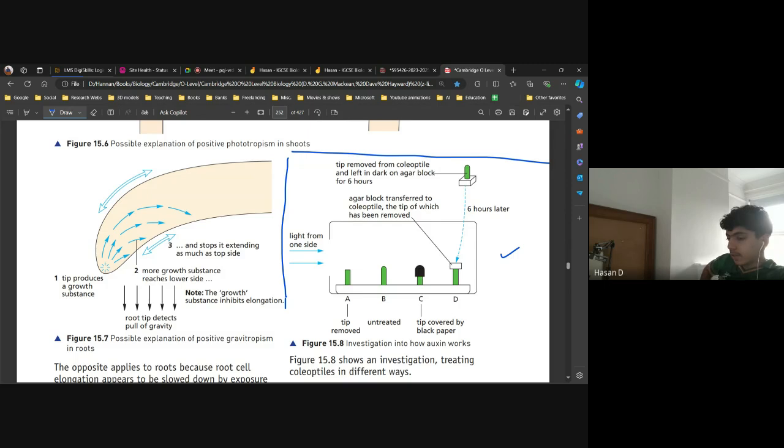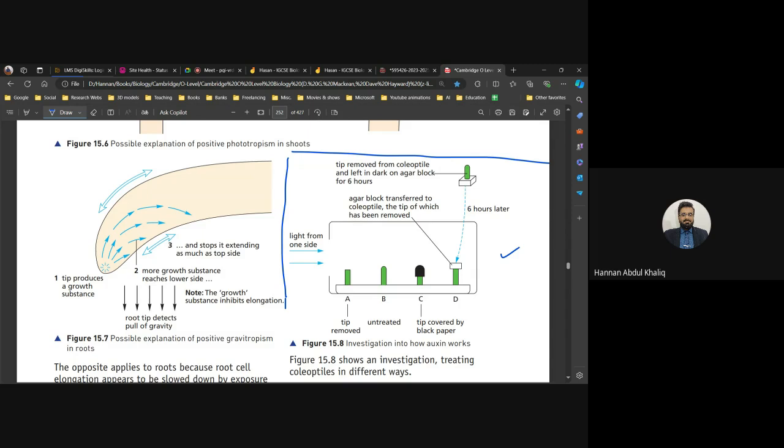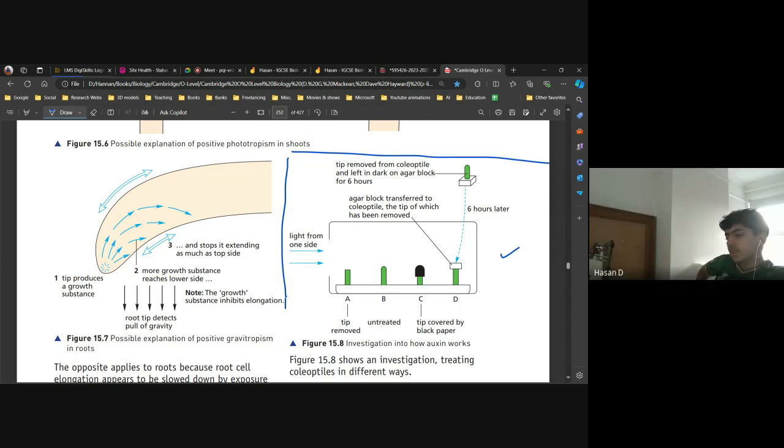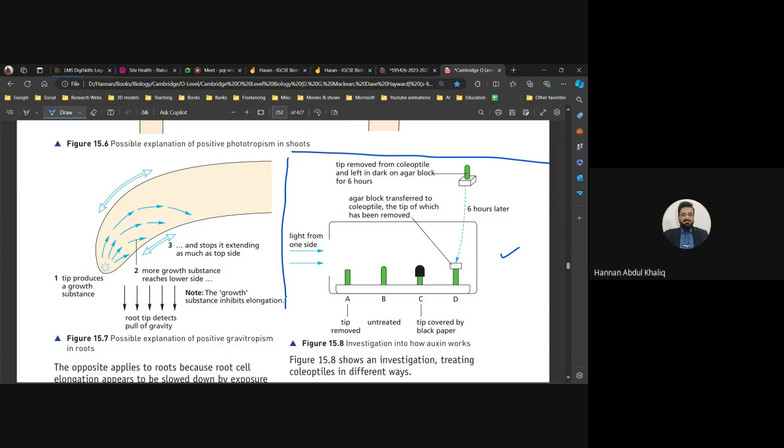The auxin will be produced, but there's no sunlight because it's covered. So what do you think would happen to the shape of the shoot? Should it bend or should it go straight? It goes straight. Yeah, exactly.